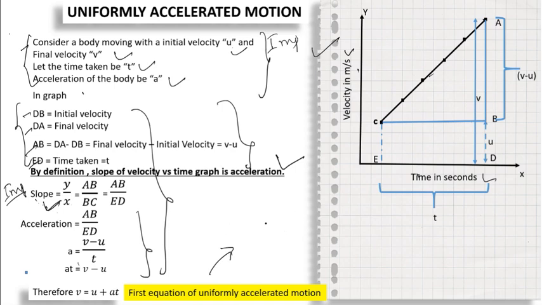We are going to get the second and third equations in the same way. This is the proof of this equation using the graph. There are other ways of proving this, but for class 9 you will be asked to prove this using a graph, right? Thank you very much.